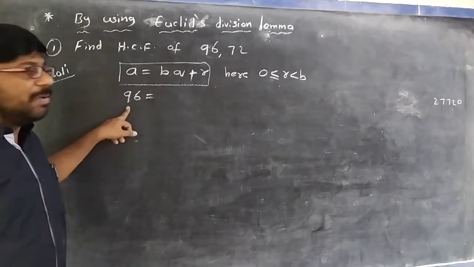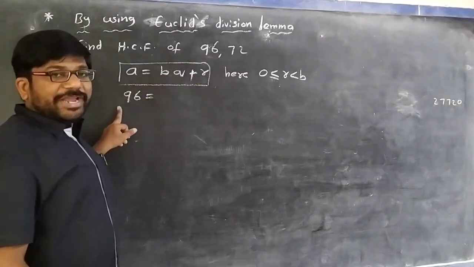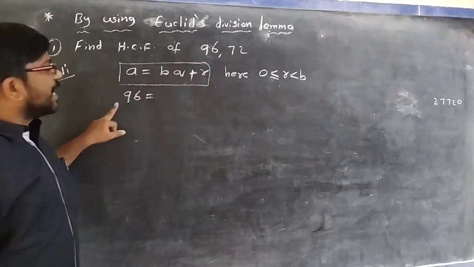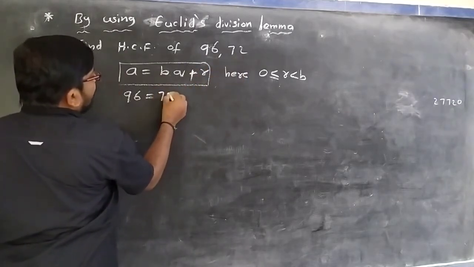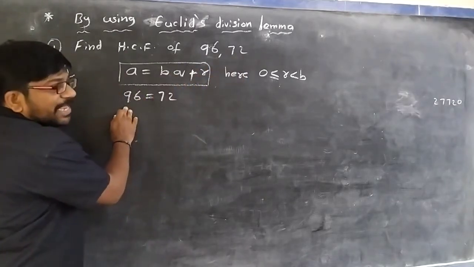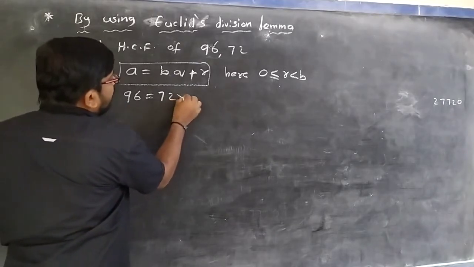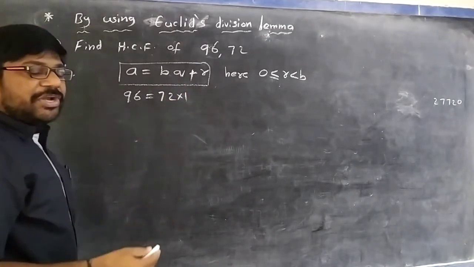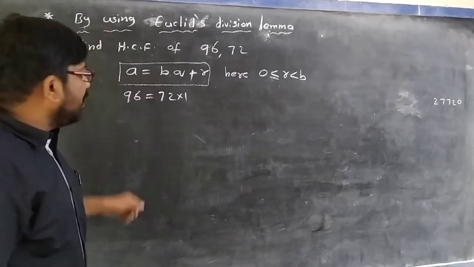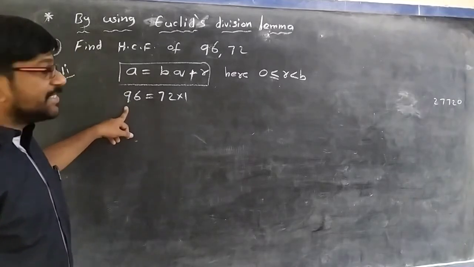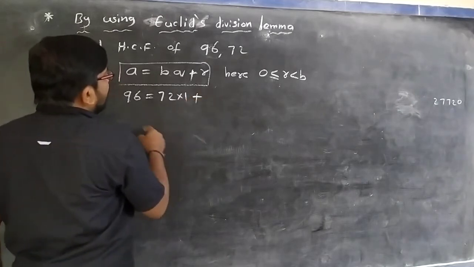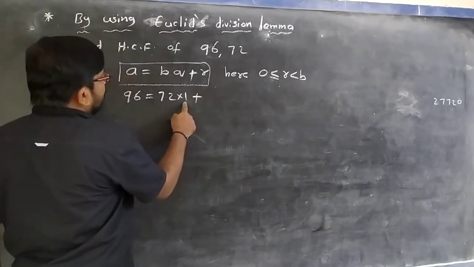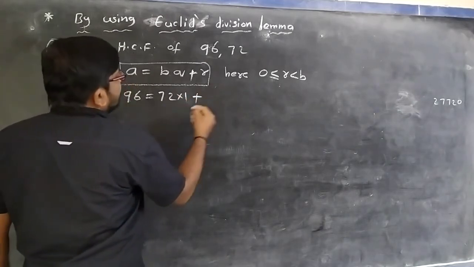In every problem take the greatest number as a. So 96 can be written as bq, where b is 72. 96 can be written as 72 into 1, since 72 twos is heavier than 96. So 72 into 1 plus what is remaining? 72 times 1 is 72, so 96 minus 72.